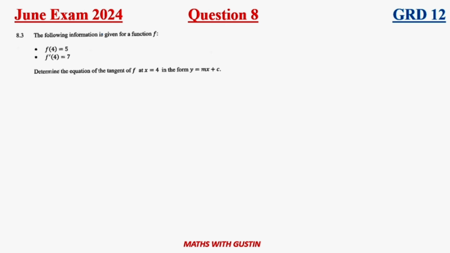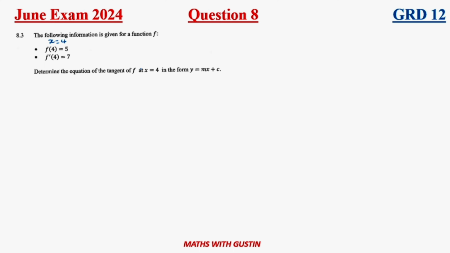8.3 says the following information is given for a function f of x: when x is equal to 4, y is 5, and f'(4) is equal to 4, therefore our y is equal to 7.